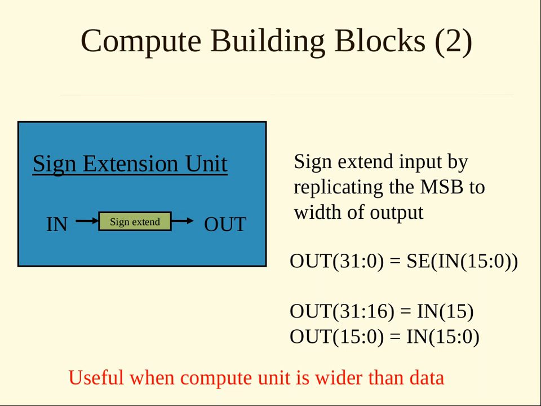Sign extend. This one might be a little confusing at first, especially since you don't quite understand why it's needed. But let's say your input, and I'm going to work with 4 to 8 bits instead of 16 to 32 bits, just to make it easy.